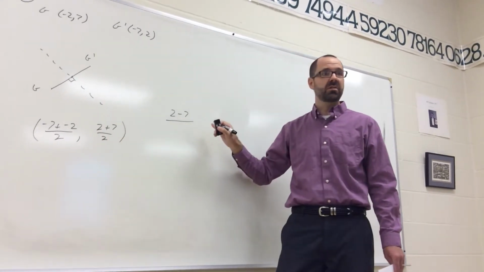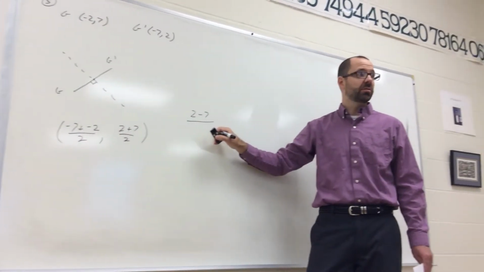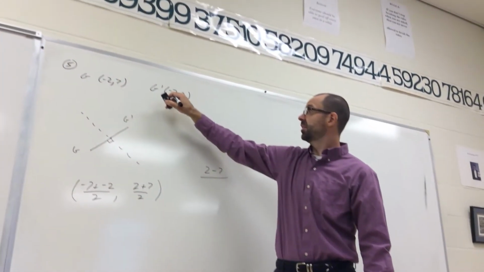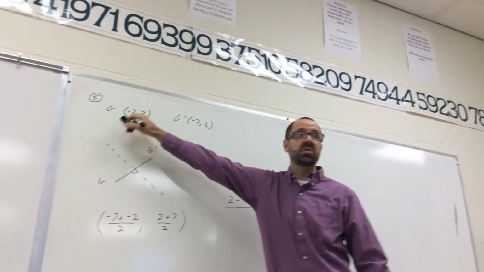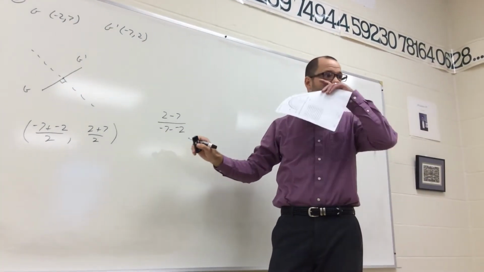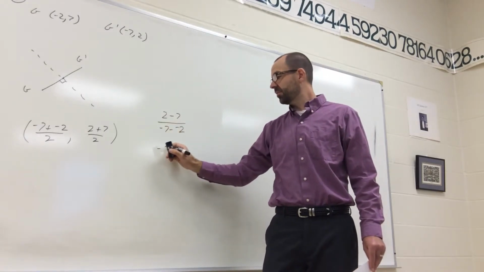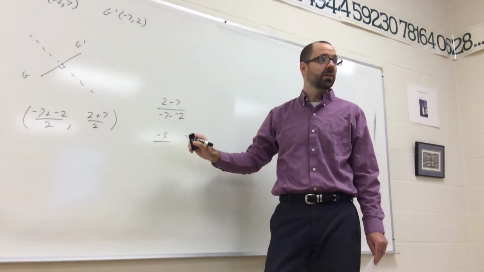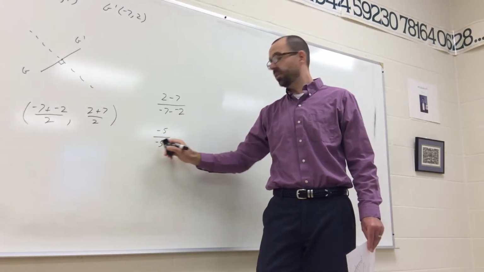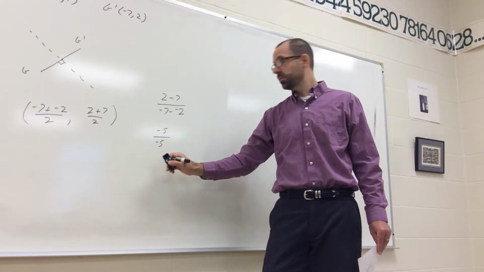Addition, subtraction, y is second, y is first. All right, so I got 2 minus 7, and then negative 7 minus negative 2 goes on the bottom. 2 minus 7 is negative 5. Negative 7 minus negative 2 is negative 5 as well. So that divides out to be 1.